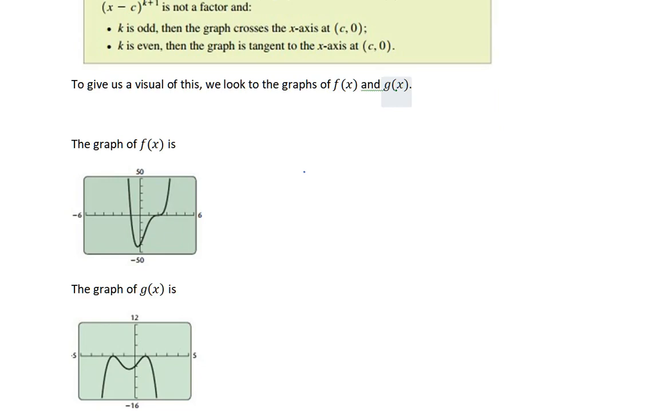So if we take a look, first of all, we have a degree. Our degree was 4, right? And in this case, we have a degree equal to 4 as well, right?